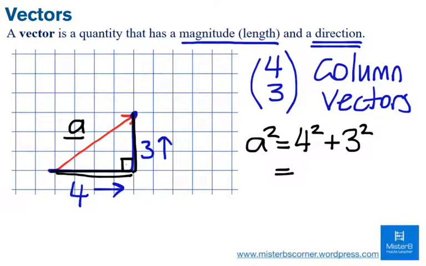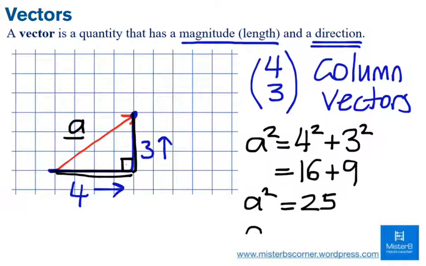So it's going to be 16 plus 9, and I'll find a squared to be 25, from which I conclude a is the square root of 25, which is 5. So the magnitude of this vector is 5.